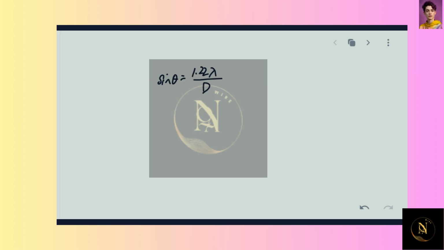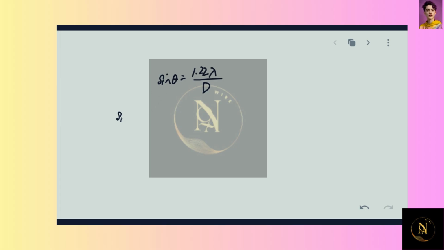But of course, we don't know the diameter of this aperture, so we need to somehow get rid of it. We can do that because we are using the same hole.